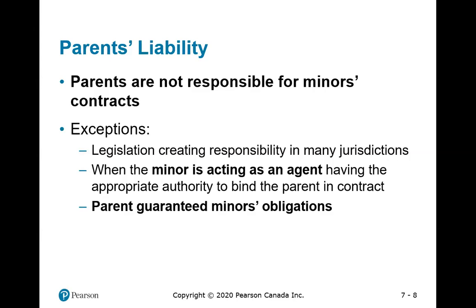And remember I told you last week, verbal contracts are as valid as written ones, but some types of contracts have to be in writing. One example is a guarantee.